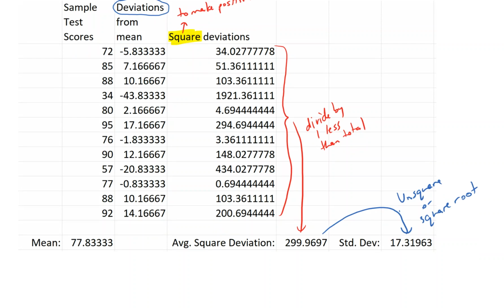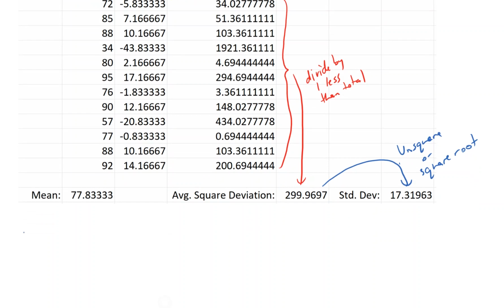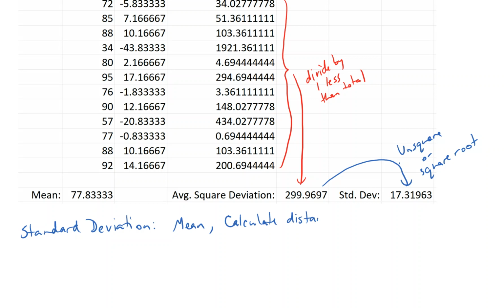So to summarize the process for calculating standard deviation, you find the mean, then you calculate distances from the mean, or deviations, then you square them to make them positive, then you average the squares, of course dividing by one less, and finally you unsquare to turn it back into a regular distance.